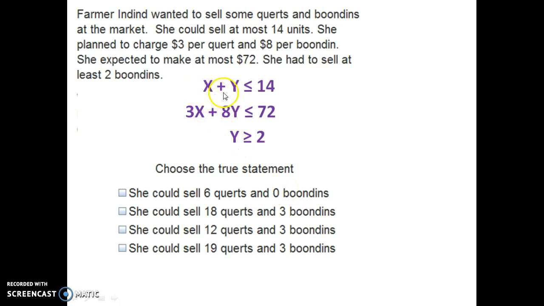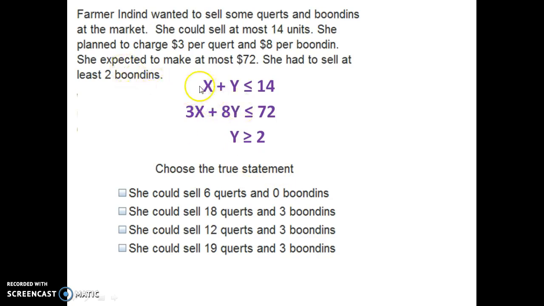So 6 plus 0, that's less than 14. 3 times 6 is 18, plus 0, that's less than 72, but then we get to y is greater than or equal to 2. 0 is not greater than or equal to 2, so it cannot be our first choice.